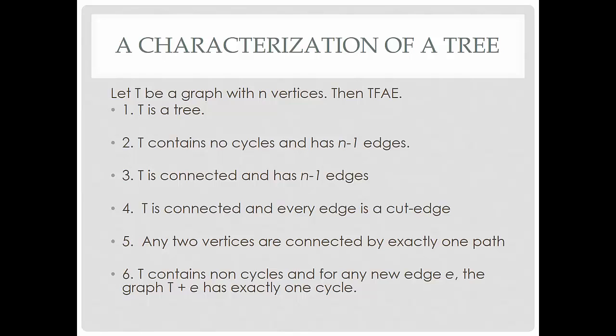And 6, T contains no cycles, and for any new edge E, the graph T plus E has exactly 1 cycle. So any one of these implies the other, and the implication is in both directions.